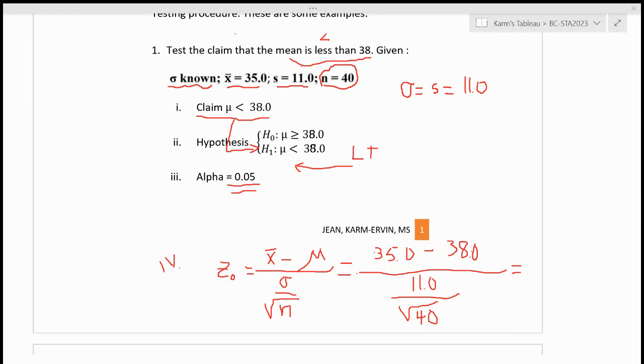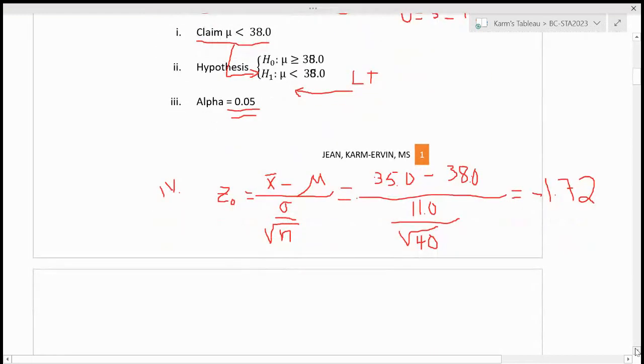let's keep working. So assuming the answer is negative 1.72, like we said earlier, negative 1.72. Step number 5 will be to get the p-value.